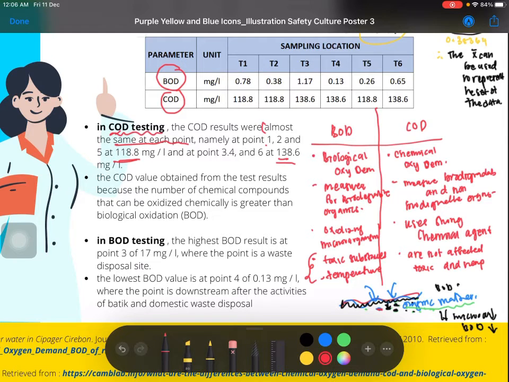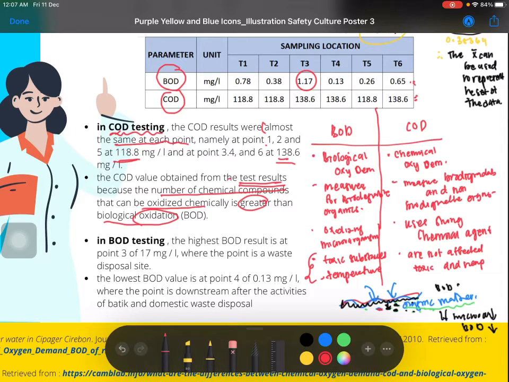The COD value obtained from the test is greater because the amount of chemical compounds that can be oxidized chemically is greater than the biological. As you can see here, the difference is very huge: this is over 100, but this one does not even reach 1, and the highest one is only 1.17. So it shows the biggest range difference.